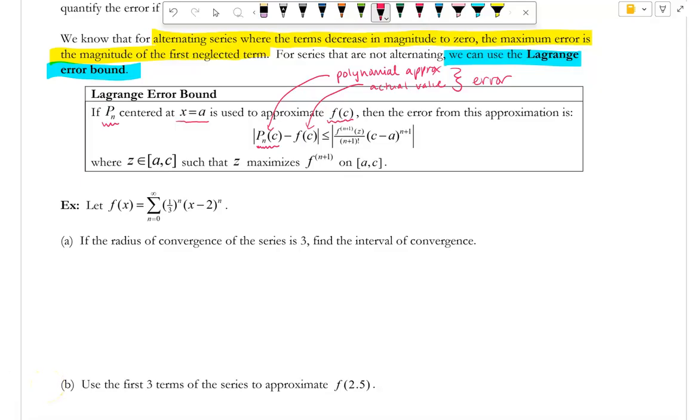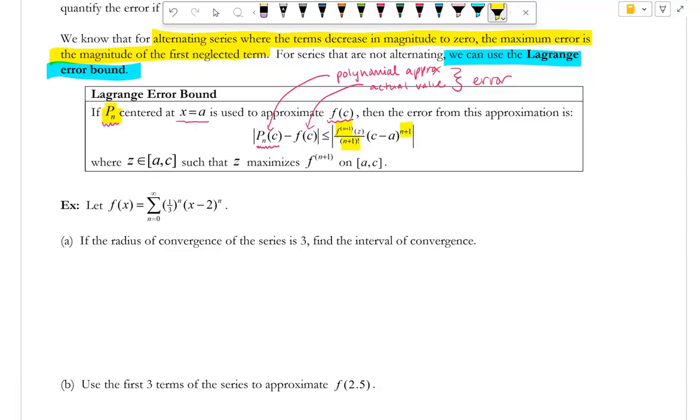So the Lagrange error bound tells us that our error is less than or equal to, well, all this other stuff on the right. First, let's notice that for our polynomial, this is P sub n. So we're looking at the nth degree polynomial, and when we look over here, notice that this is f to the n plus 1.